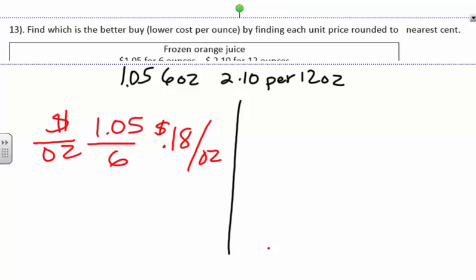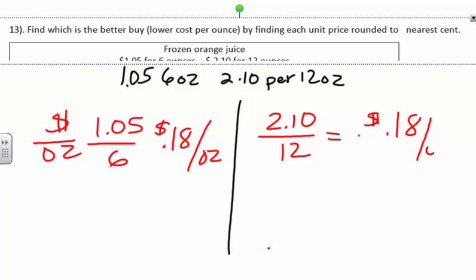And then for number 2, we're going to compare 2.10 over 12, and once we find the ratio, we end up with 18 cents per ounce, which means that they are the same. So you will go right if you choose either one.